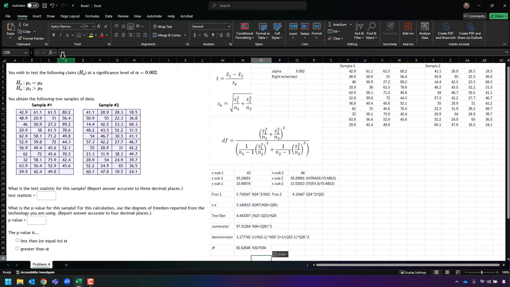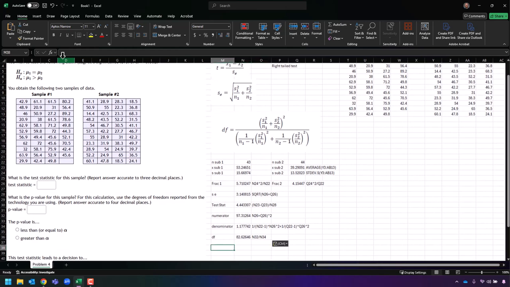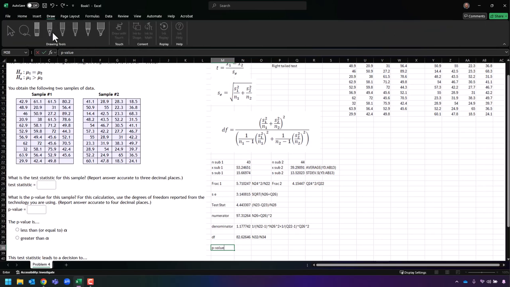Now the p-value, there have been lots of questions on the p-value. This is a right-tailed test. And so let's see here, if I can draw a picture. I've stressed drawing a picture when I've talked to people. So if I go to draw a picture here, my test statistic is 4.4, and this is right-tailed.